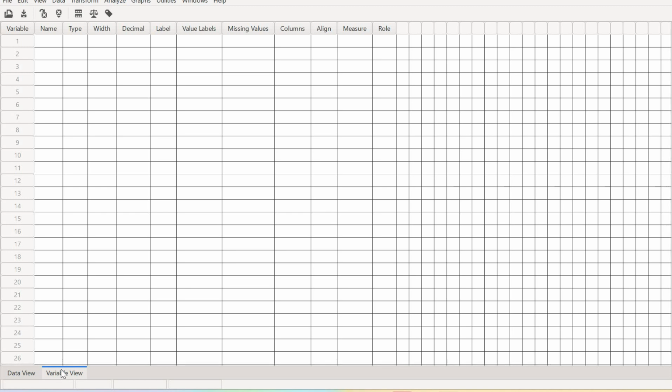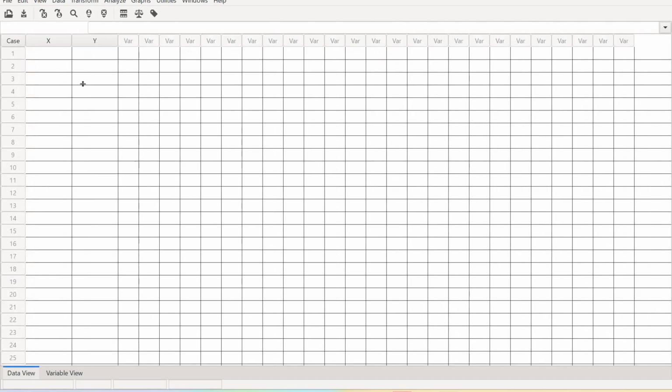First, you define the variable view, x name, x variable, type numerical. Let's do 2 decimal points. Y, also numerical, 2 decimal points.